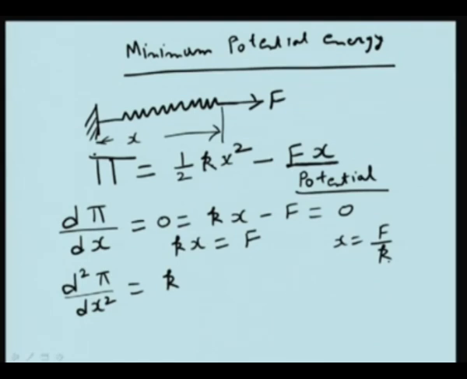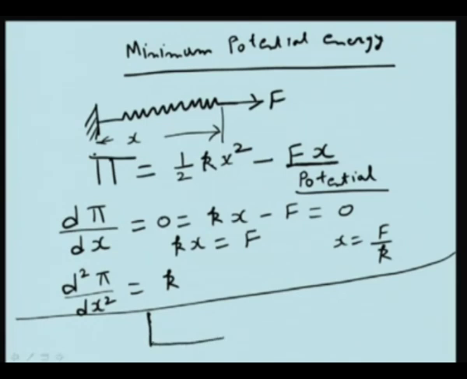If the same problem is done by the work energy concept, it can be done in this way. In this case the force is F. However, this F is applied very gradually.